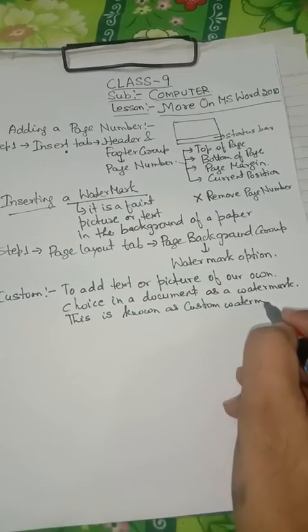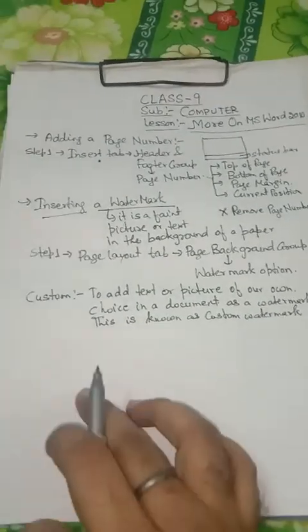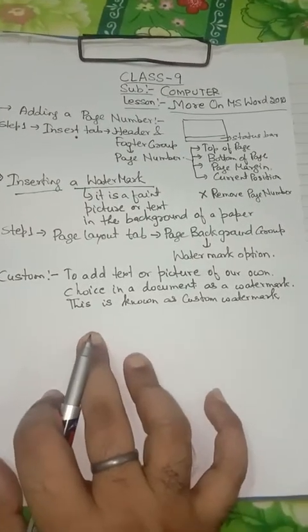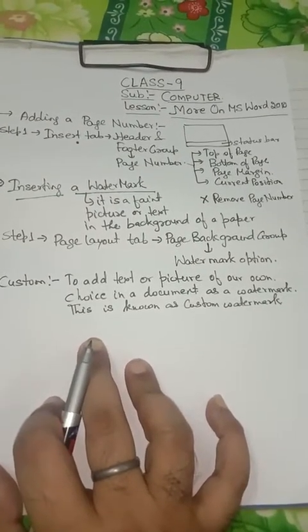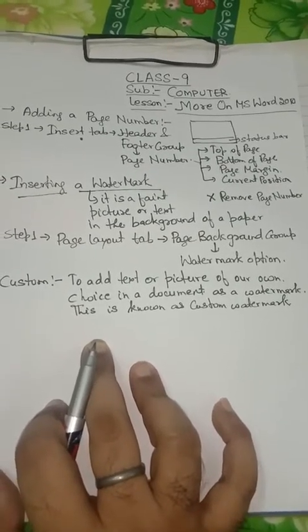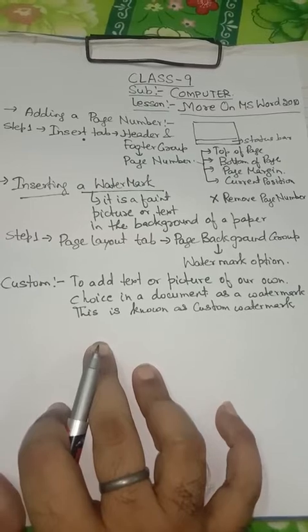So till now we have used the watermarks provided by the system to us, like do not copy, confidential, etc. Now how will we add the custom watermarks?